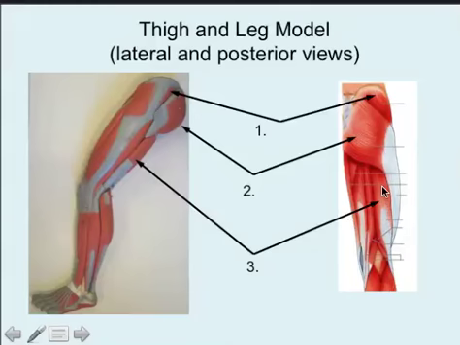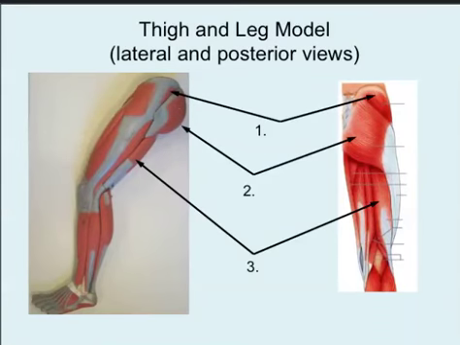I don't know why I made that mistake. The biceps femoris, the semitendinosus here, and the semimembranosus, which is directly underneath it. Okay, so the group of 3 muscles, and what do they do? They bend the knee. So again, biceps femoris, semimembranosus, semitendinosus, gluteus maximus, gluteus medius.